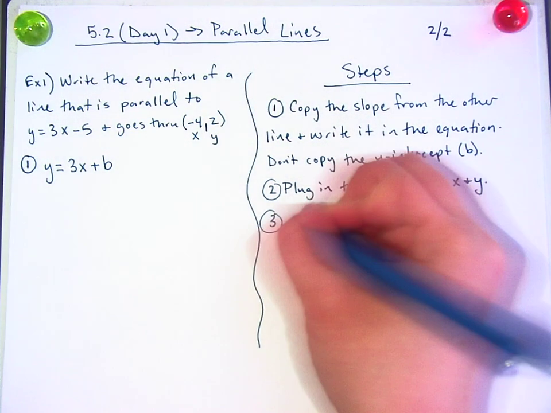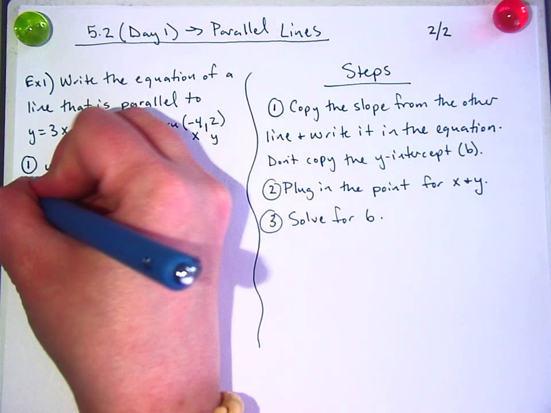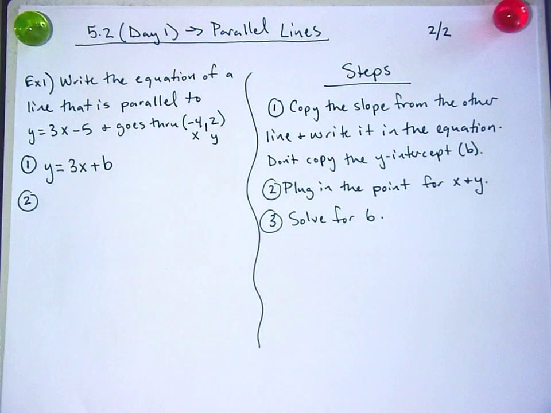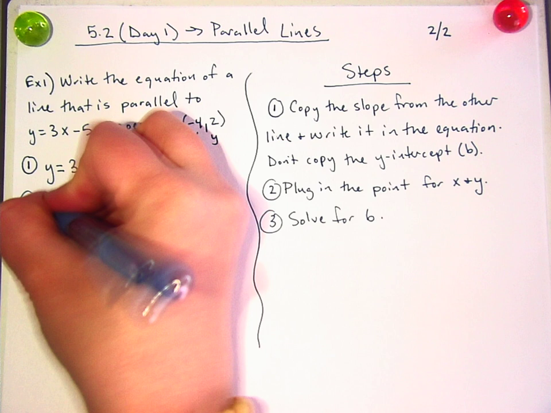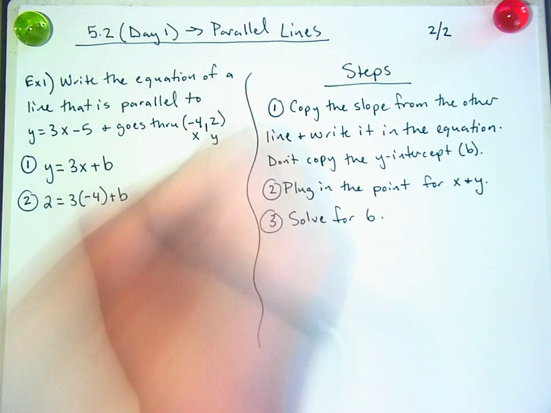Blake said step 3 was solve for b. So for step 2, what should I write first? Should I write -4 or 2? 2, because that's the y. 2 equals 3 times -4 plus b.